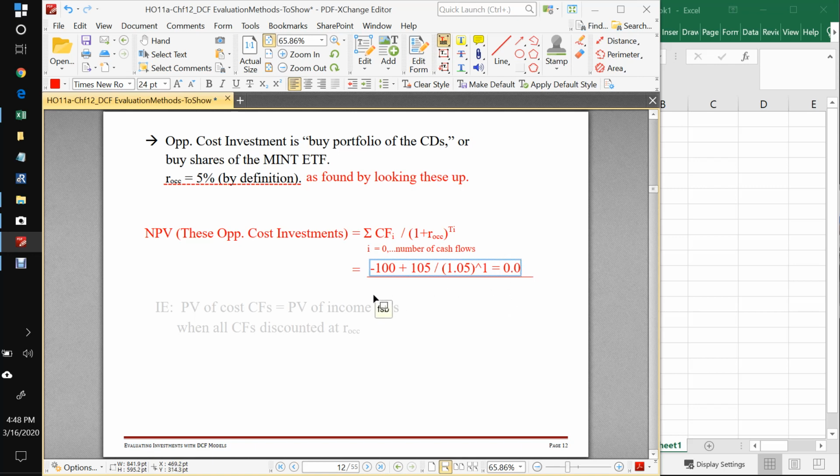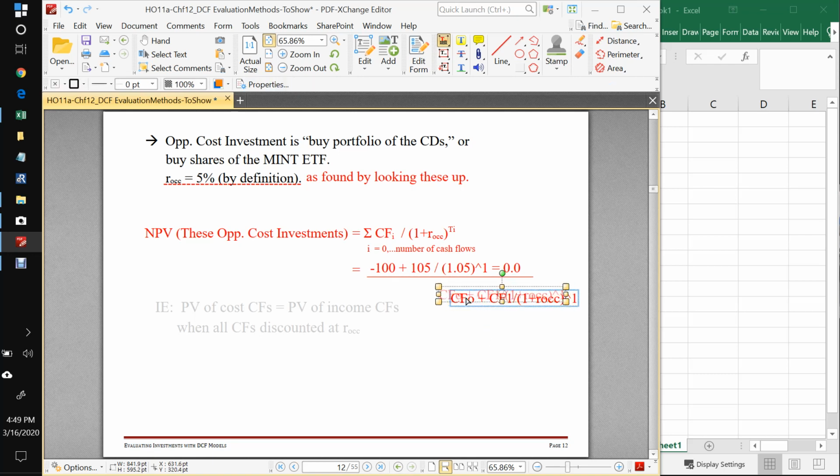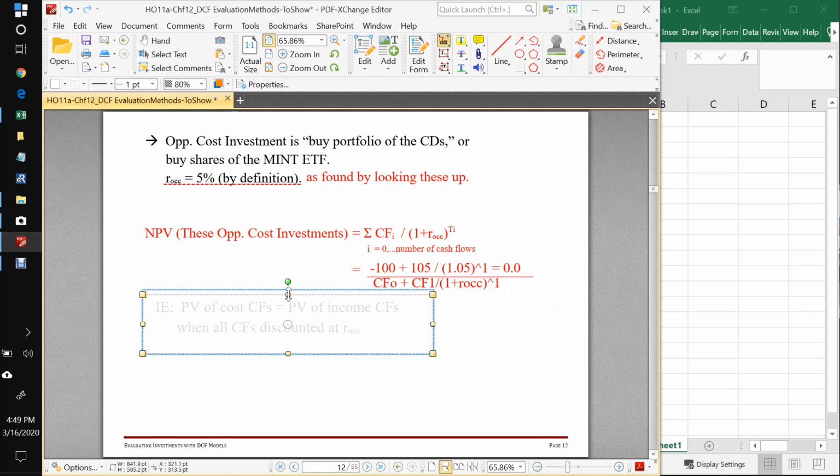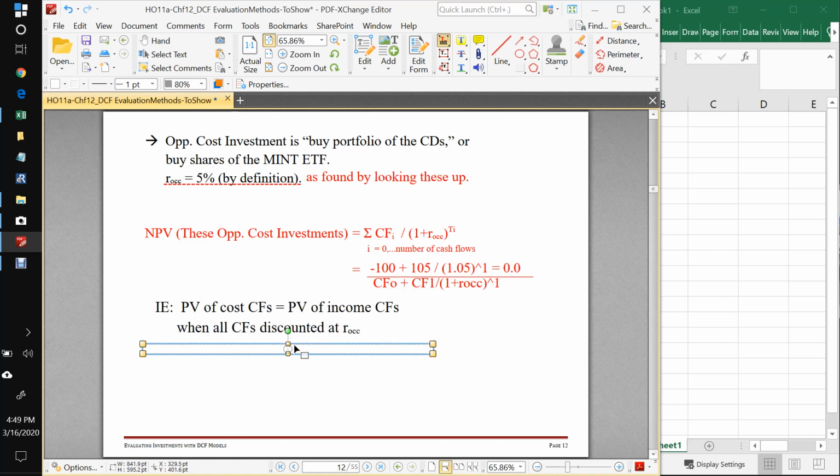Let me put in a little bit of the algebra. This is CF0 plus CF1 divided by 1 plus RCC raised to the 1. So that's where I got that from. How can we think about this qualitatively?